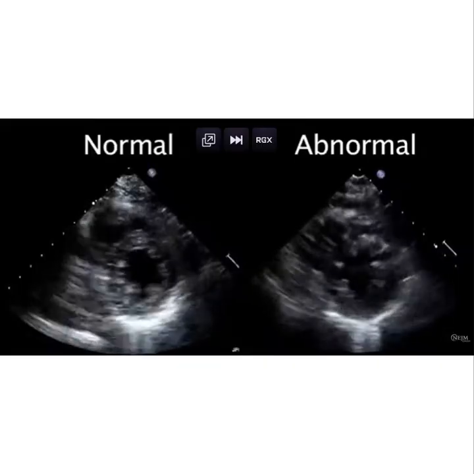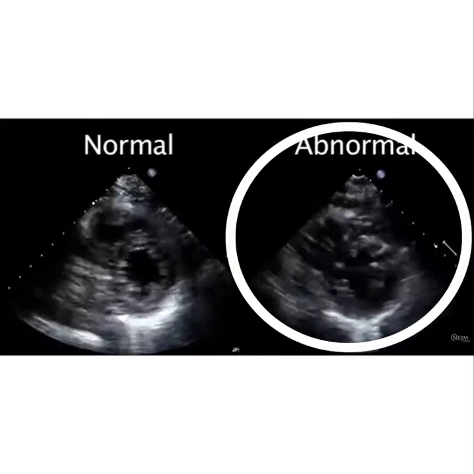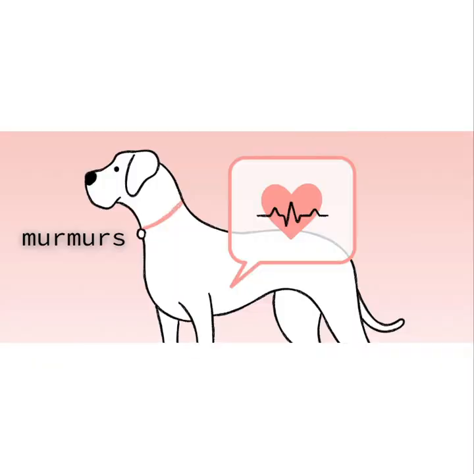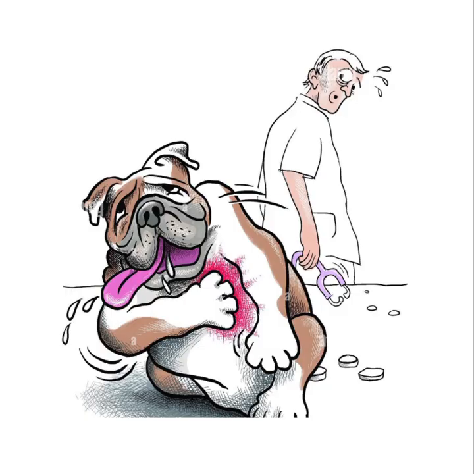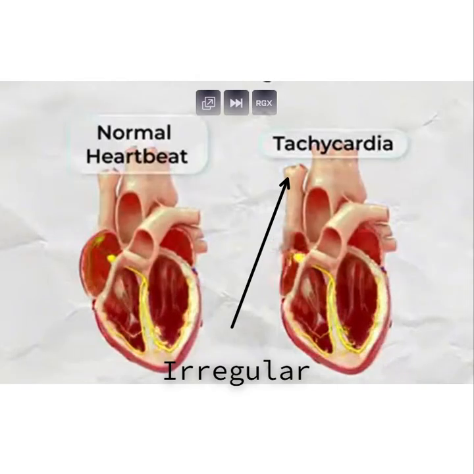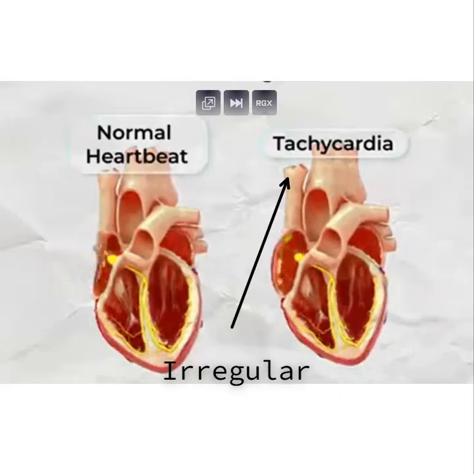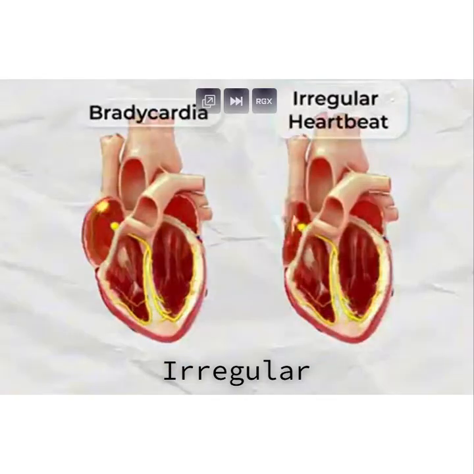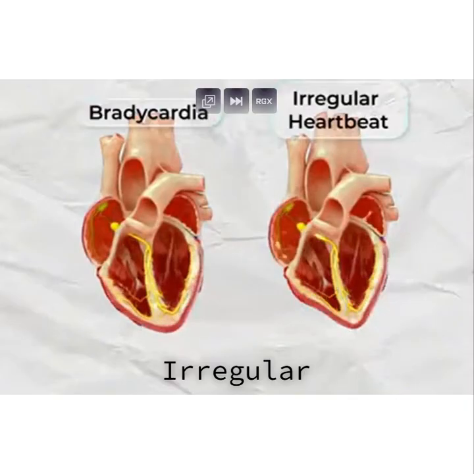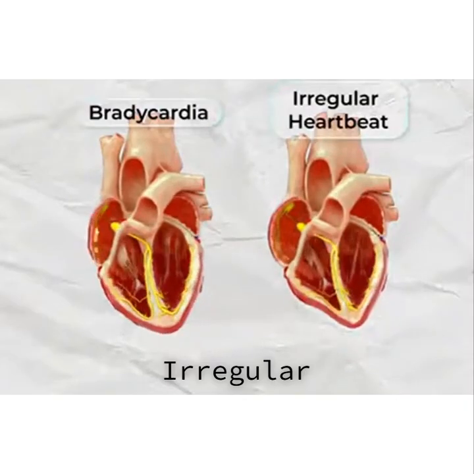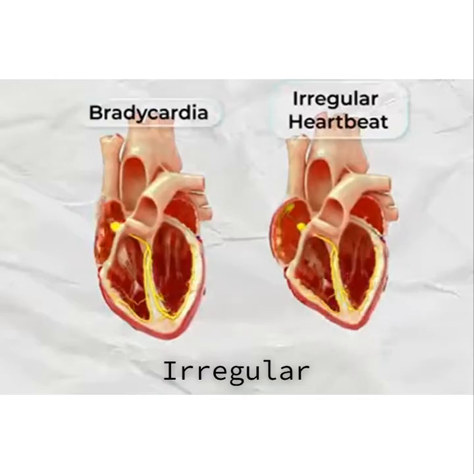Its primary purpose is to identify abnormal heart sounds, such as murmurs or arrhythmias, which may indicate underlying cardiac pathology. An arrhythmia may present as an irregular rhythm, for example, skipped beats, unexpected pauses, or a heartbeat that speeds up or slows down unpredictably.